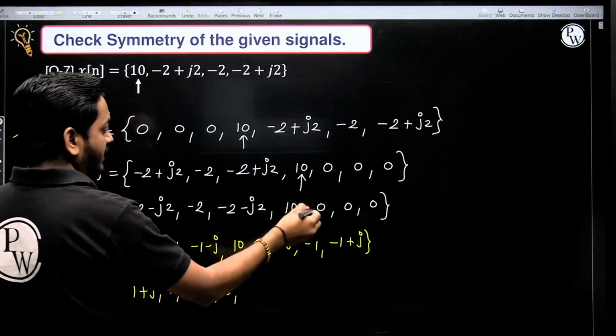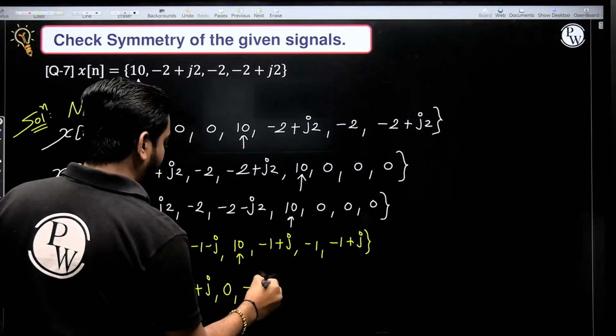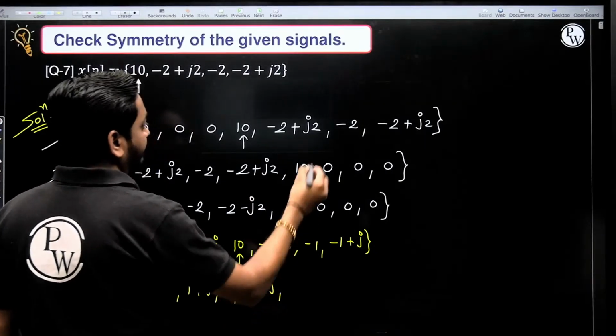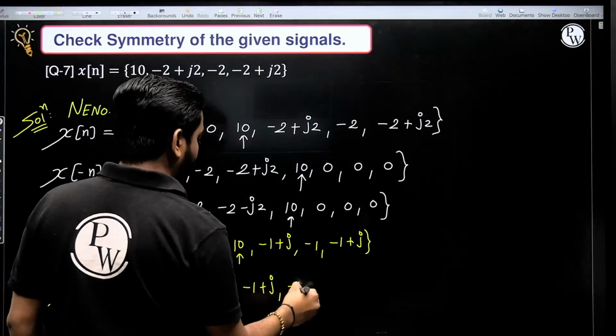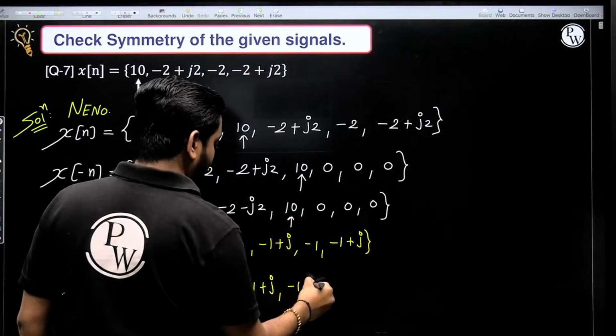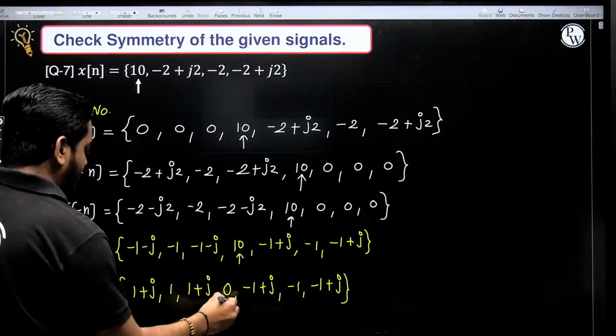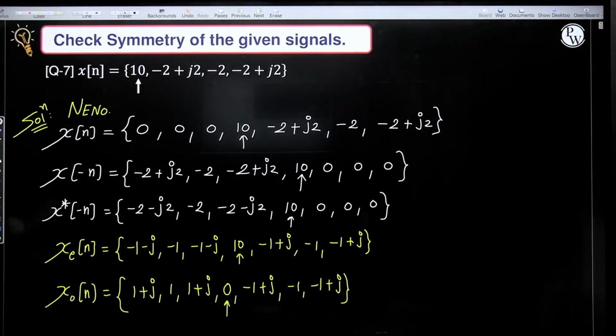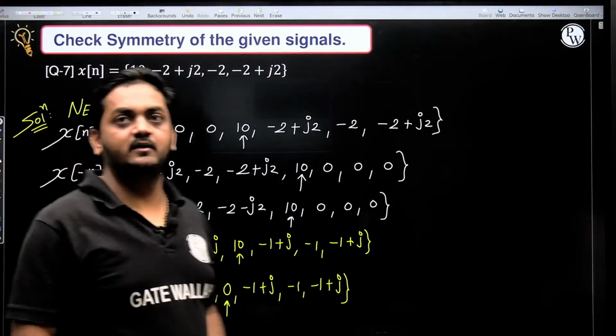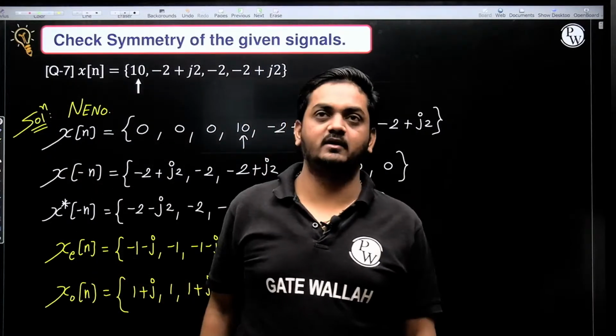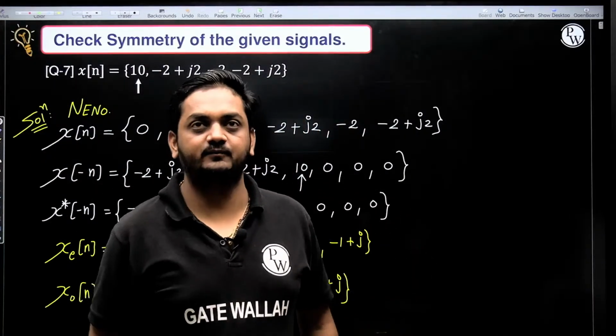Minus 2 plus j2 minus 0, minus 1 plus j. Minus 2 minus 0, that is minus 1. Minus 1 plus j. So again you can see here at origin amplitude is 0. So this is the conjugate odd part and conjugate even part. Fine.